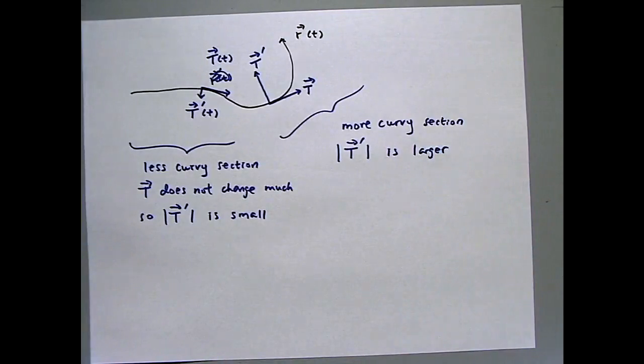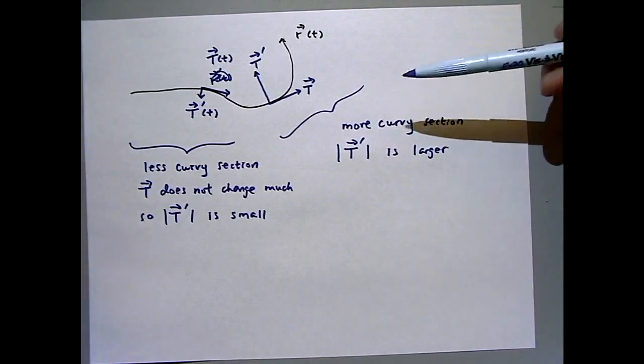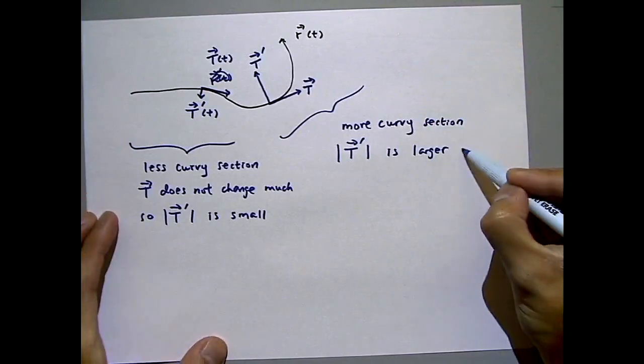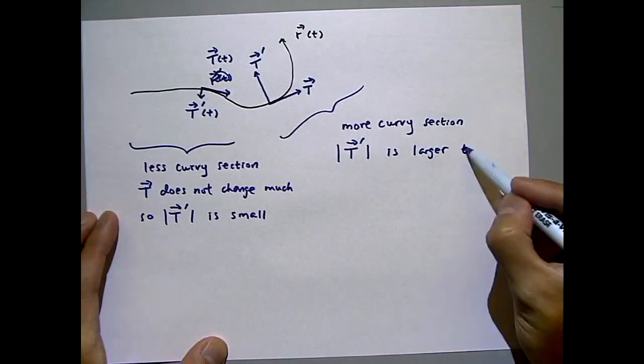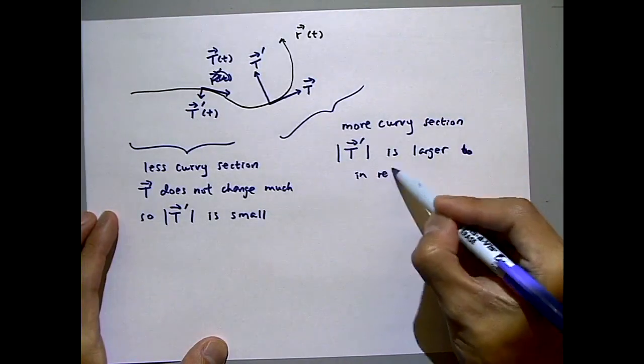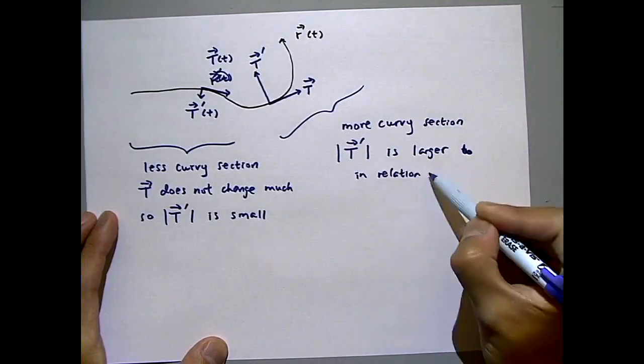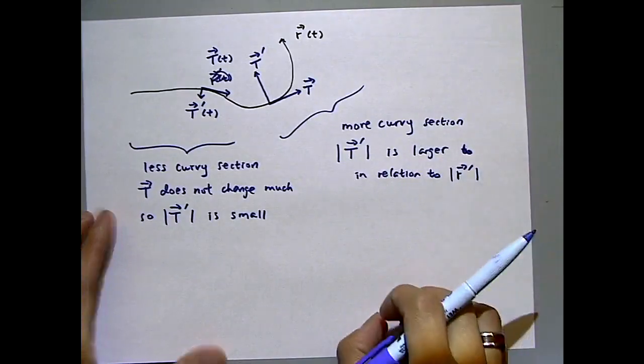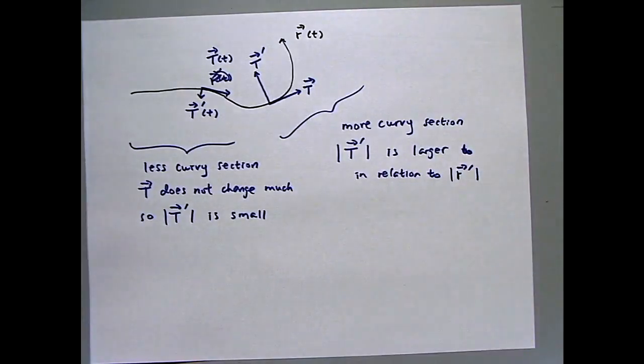And larger in relation to what? In relation to the tangent vector. So the ratio between, let's write that down, in relation to r prime, right? The velocity you're going and how fast you're turning.